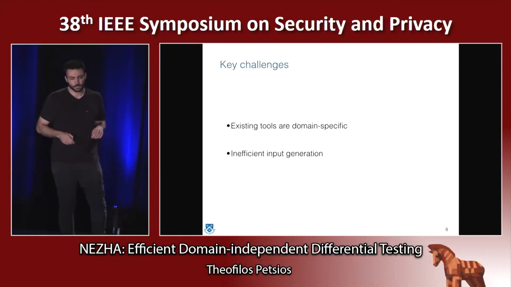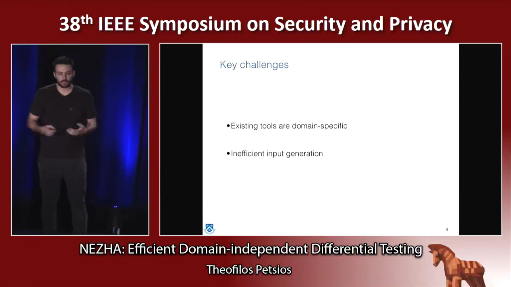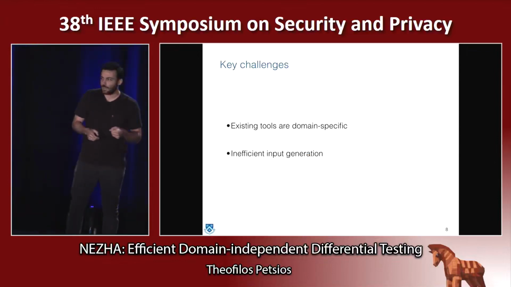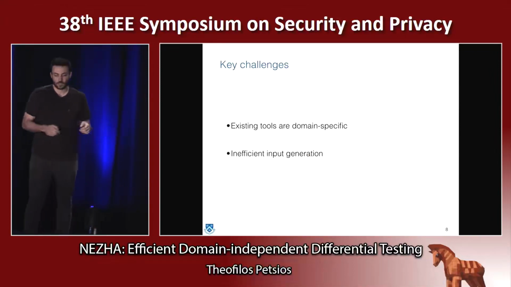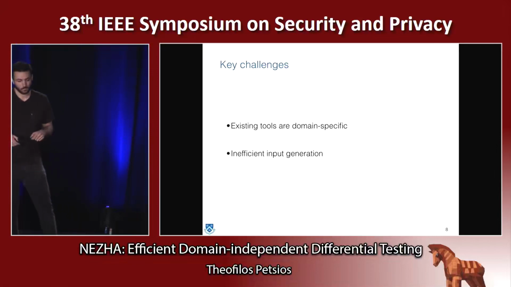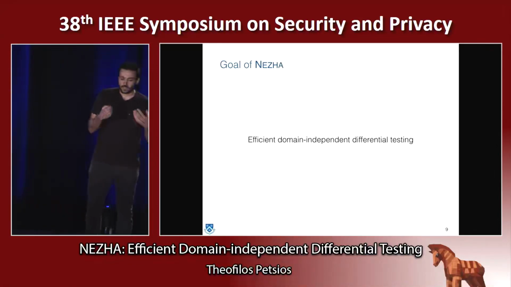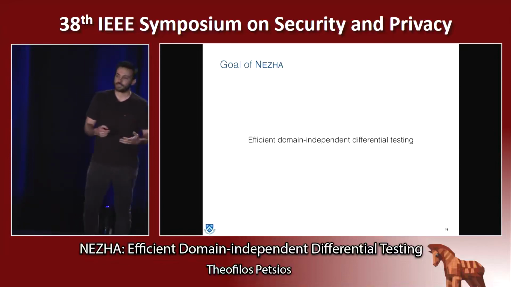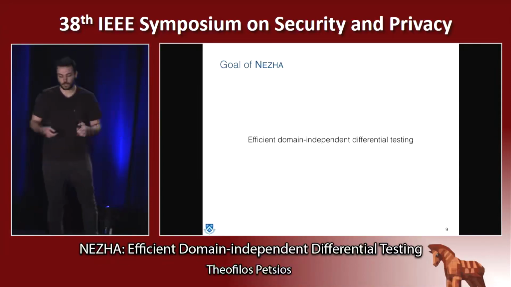Now, the key challenge with existing differential testing frameworks is that many of the tools that have been proposed are domain-specific, so they're not easily extendable to different types of applications. And often, they suffer from inefficient input generation. So our goal for this work was to come up with a solution to provide efficient domain-independent differential testing in the same manner that modern fuzzers work.